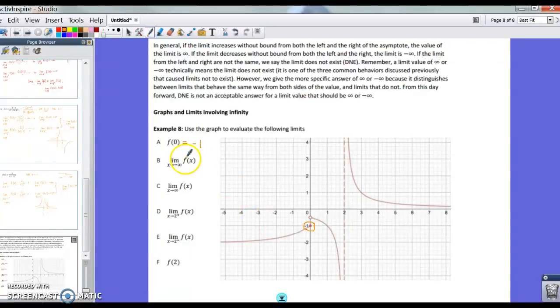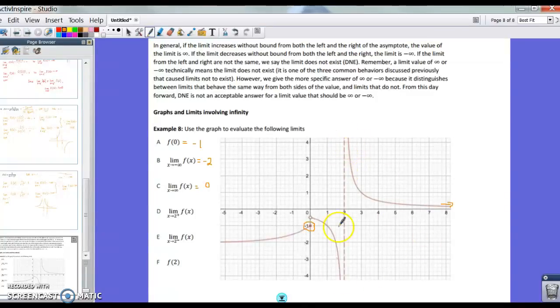Okay, my limit as x approaches negative infinity, so I'm going this way, my graph is approaching -2. If I'm looking at x going to positive infinity, that means I'm going this way. And so there, my limit is 0.